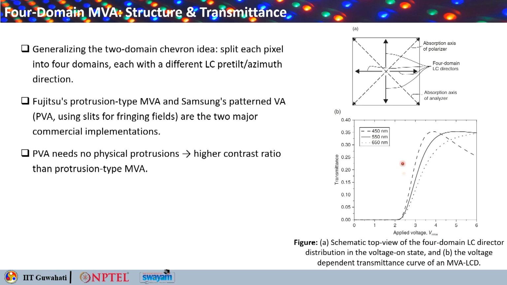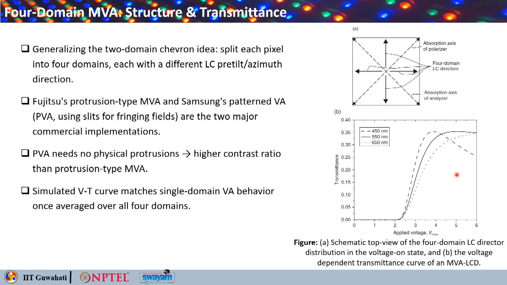In this particular figure, we have already discussed the 4-domain liquid crystal director distribution in the voltage on state. Here you can see the voltage dependent transmittance curve of this multi-domain vertical alignment LCD, for blue, green and red. You have already seen a similar kind of graph before.